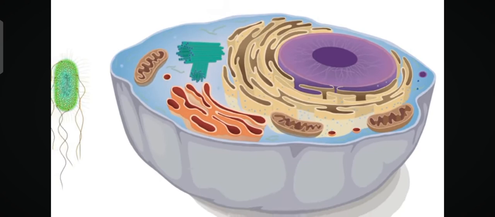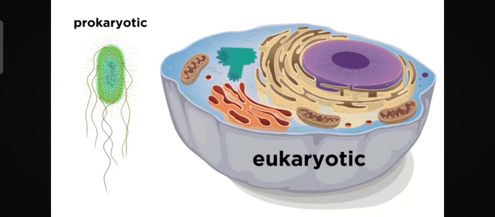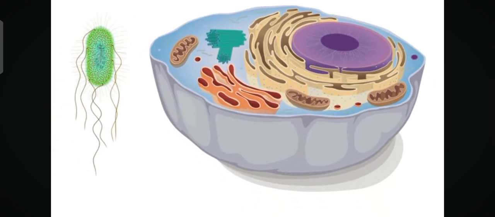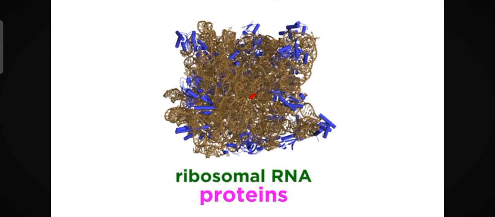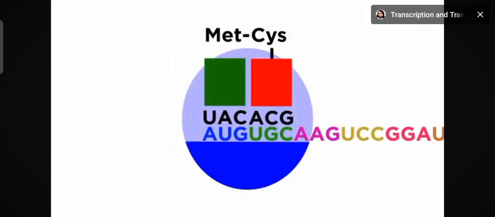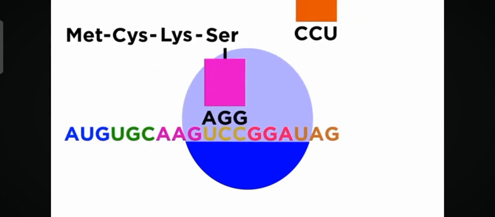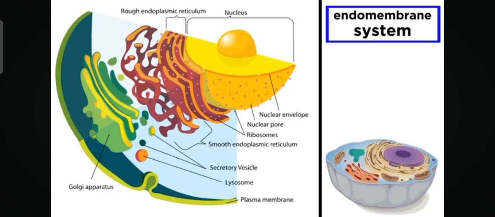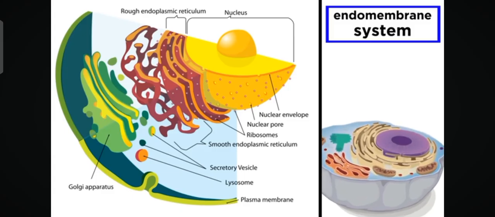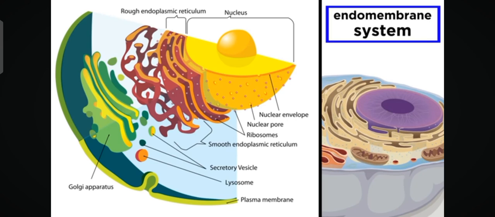Ribosomes, which are present in both prokaryotic and eukaryotic cells, are made of ribosomal RNA and proteins, and these in turn synthesize all the proteins the cell needs to perform its various functions. Other components of the cell come together to make up the endomembrane system.